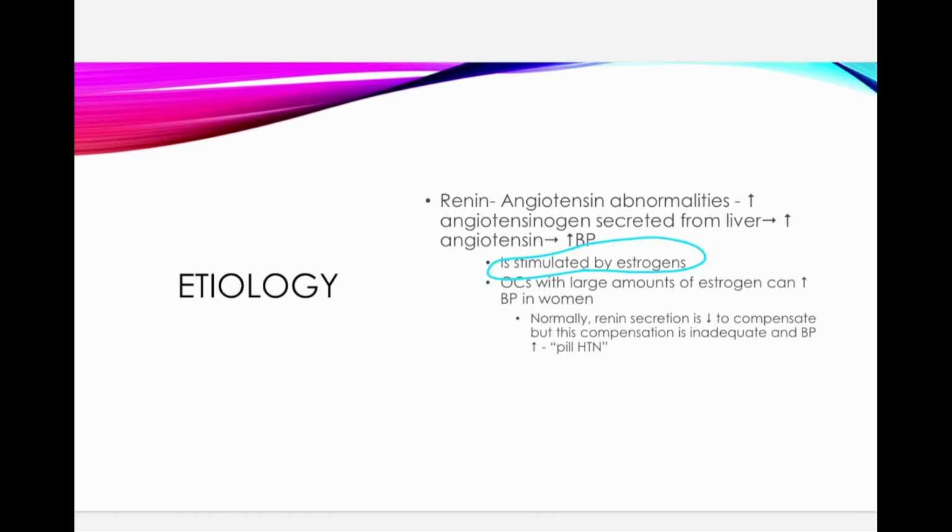So what happens is estrogen increases angiotensin secreted from the liver, more angiotensin coming out, more aldosterone later. Oral contraceptives with large amounts of estrogen can cause high blood pressure. So if anyone's on a high estrogen birth control and their blood pressure is very high, it could be due to the estrogen in the birth control pill causing it to go up.